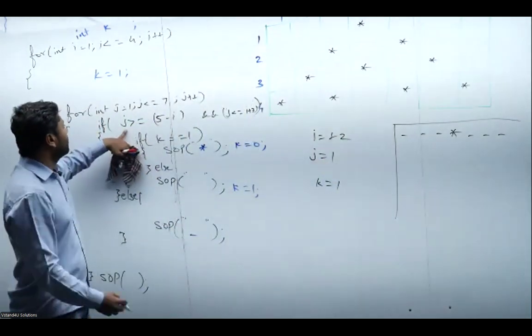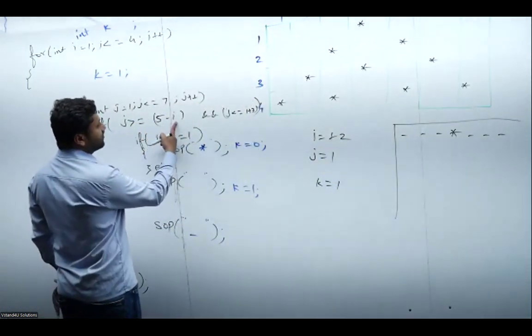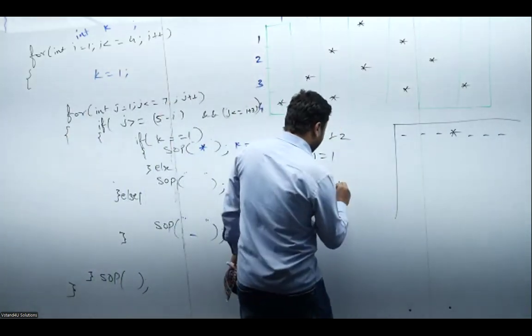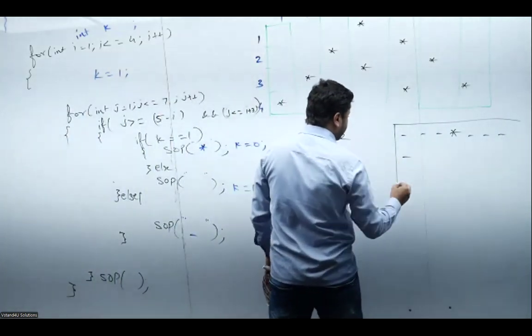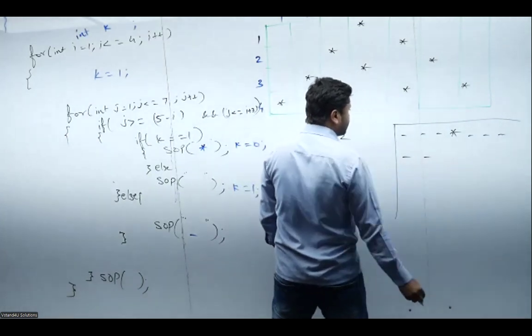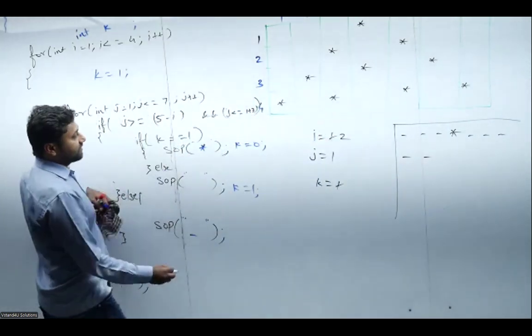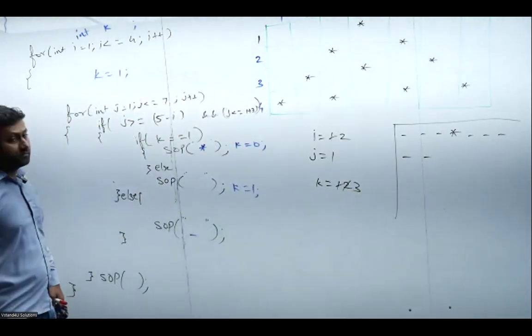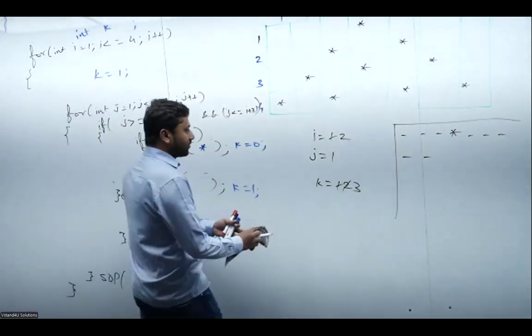Condition is true. Here 5 minus 2, that is 3. So if j is 1, I'll print space. If 2, I'll print space. Am I right? Okay, sir. Then I'll increment to 3. J has been increased. Arre yaar, you people understand the point.